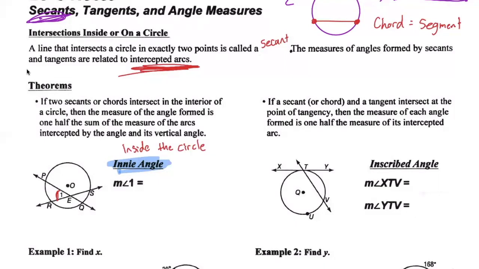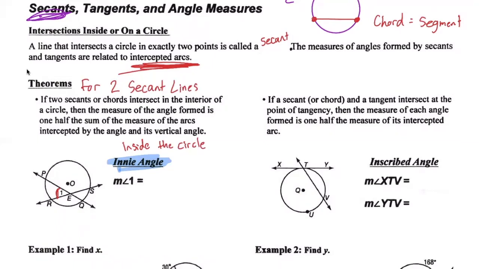And so there's 2 theorems, really just one new one. These 2 theorems are for 2 secant lines. If you want to read this mouthful, I guess I'll read it.